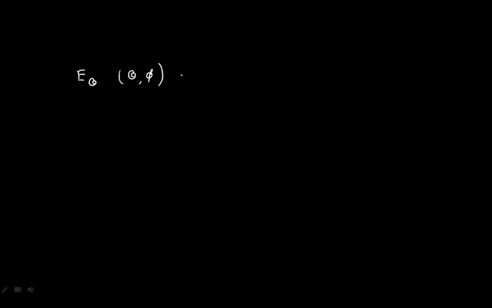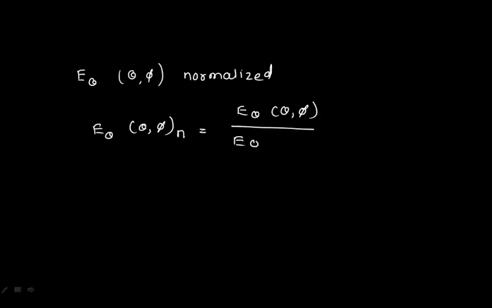ठीक है. Now अगर इसका मुझे normalized value निकालना है, how am I going to normalize this thing? I'll represent E theta as a function of theta and phi. I'm going to normalize it, so E theta (theta, phi) divided by E theta (theta, phi) maximum. ठीक है, अगर आप पूरा थीटा रोटेट कर रहे हो और आपको ये इलेक्ट्रिक फील्ड इंटेंसिटी मिल रही है, you have to divide it with the maximum value.